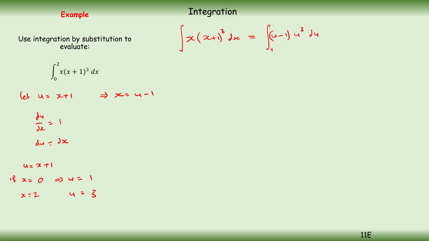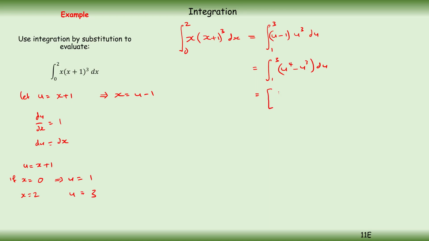The limits have now changed, from 0 to 2, to 1 to 3. Okay, let's expand. So the integral from 1 to 3 of u to the power of 4 minus u cubed with respect to u. And so we can integrate.